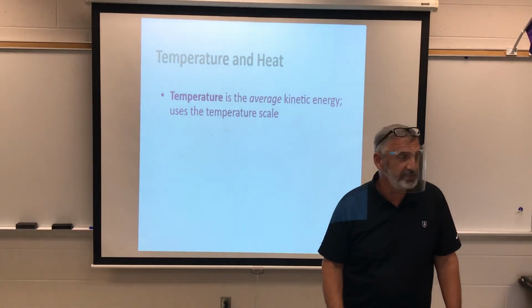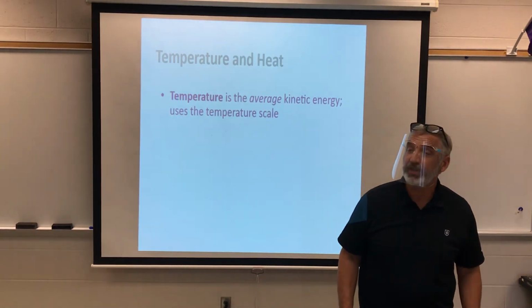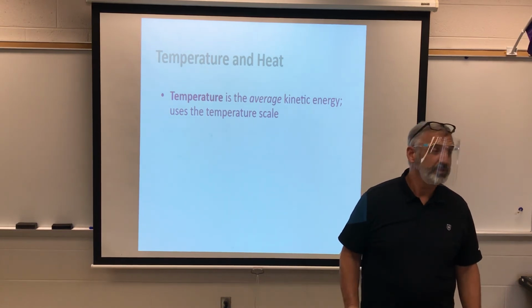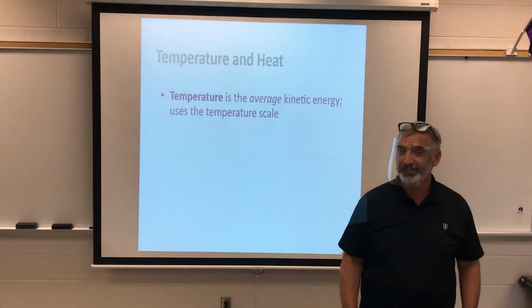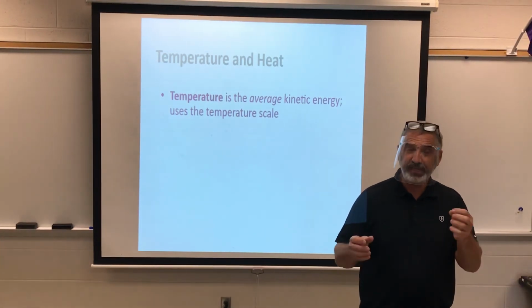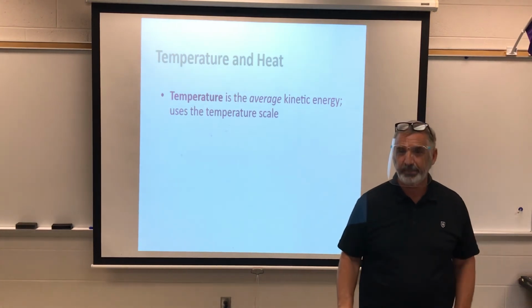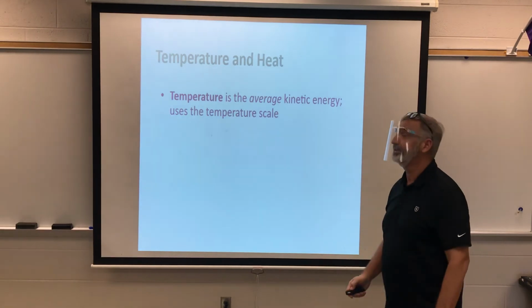That's how cold you've got to get to go to zero. And here was a trivia question I asked: at what temperature are both Celsius and Fahrenheit the same? It was negative 40. Negative 40 Celsius is negative 40 Fahrenheit. That's the one temperature where they're both the same, where the scales cross over. That's a little trivia fact for you.